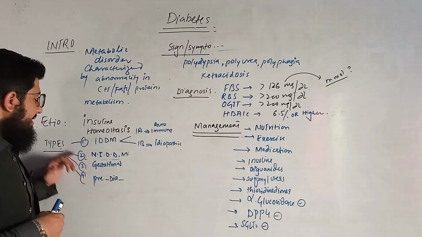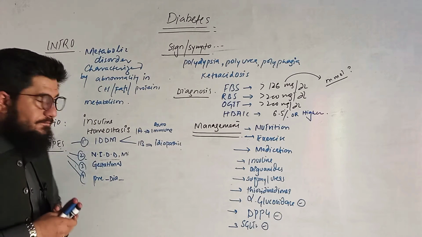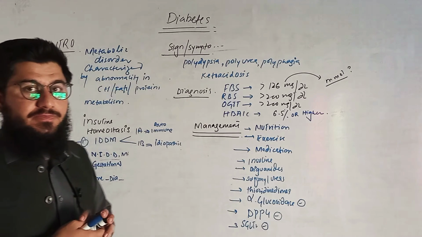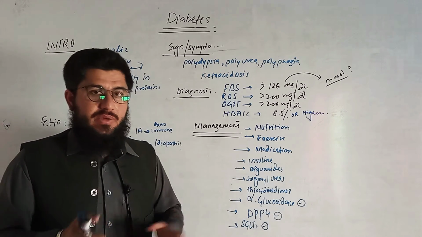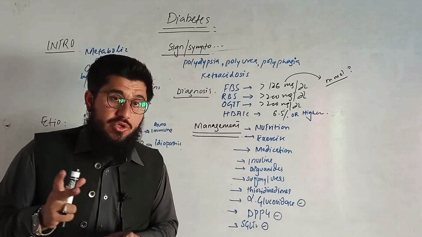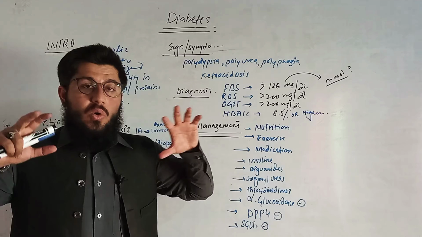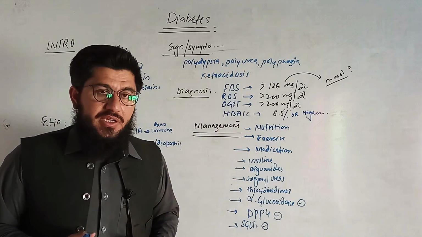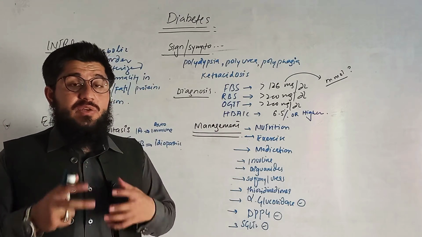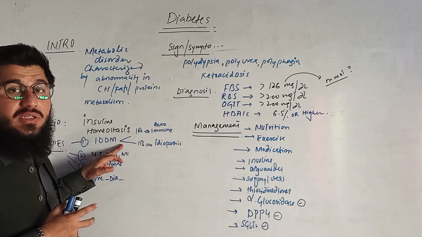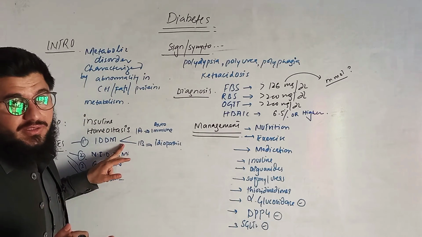Well, according to the types, we have 1, 2, 3, 4 types. There are so many other types available, like MODY and LADA, etc. I'm not going in depth of all. In short, what is the reason? Very simple reason. All these are actually for the sake of understanding, but at the end, our logic of management will come down to these two types: insulin dependent and non-insulin dependent.